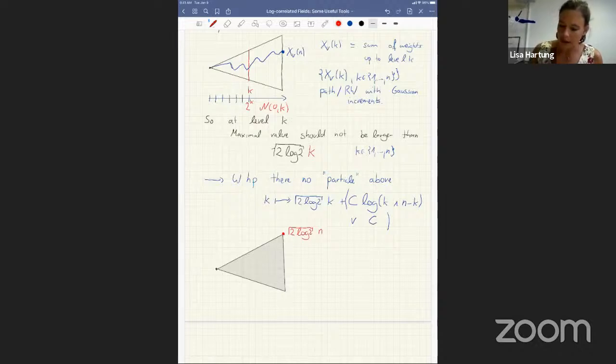And we have just learned that roughly speaking, at each time k, the maximum should not be much higher than the linear function that connects 0 to square root 2 log 2 times n.